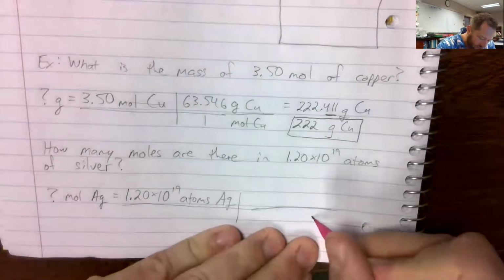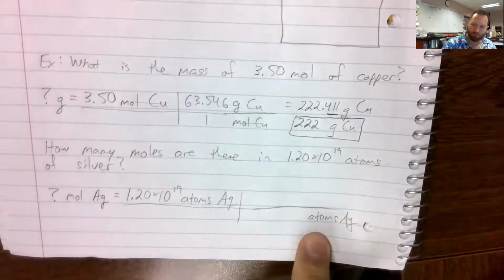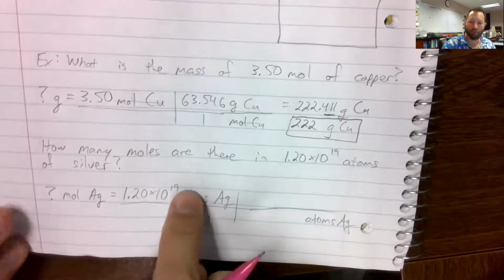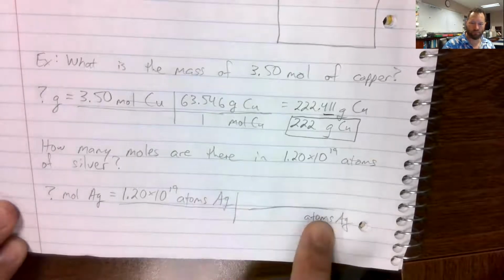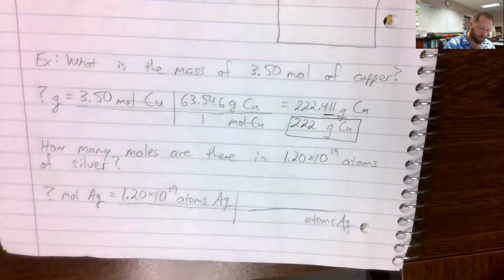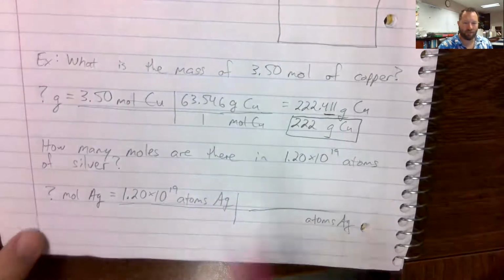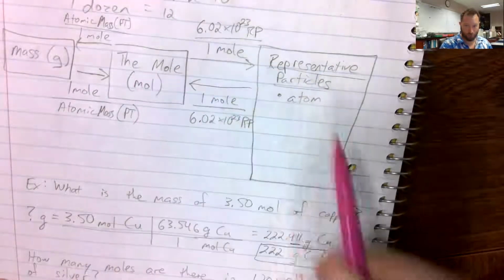Now I know that atoms of silver goes on the bottom. Why do I know that? Because atoms needs to cancel out. The top here is going to have to go on the bottom here. So the next step is I'm looking for moles. Can I do this in one step? Here I have atoms. Yeah, that's just one step.